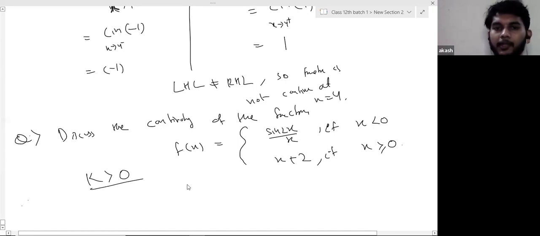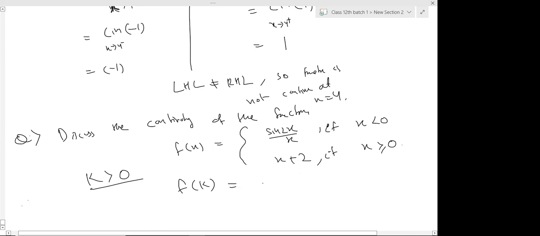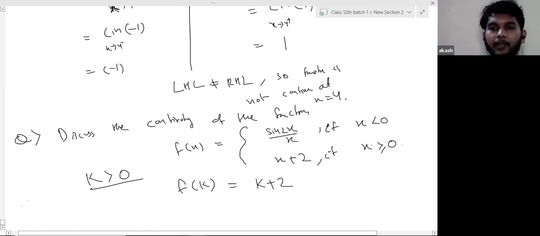So what will be f of k? K plus 2. Absolutely right, because when x is more than 0, this is the function, and we are putting the value of k, so k plus 2.